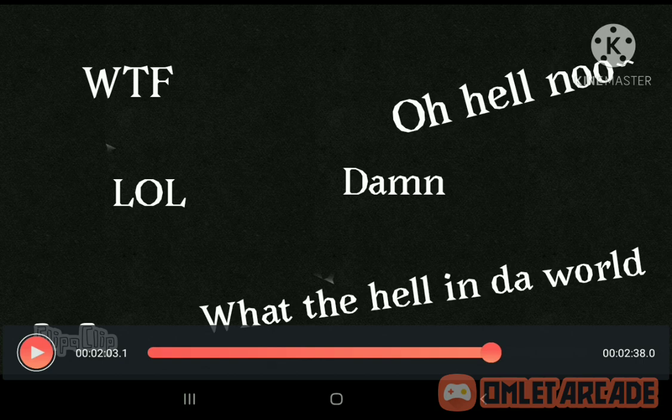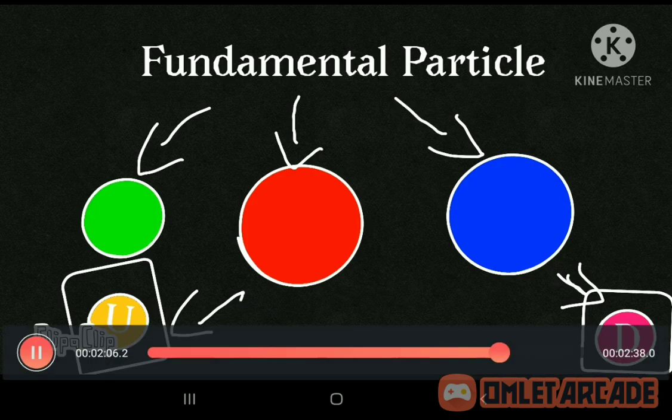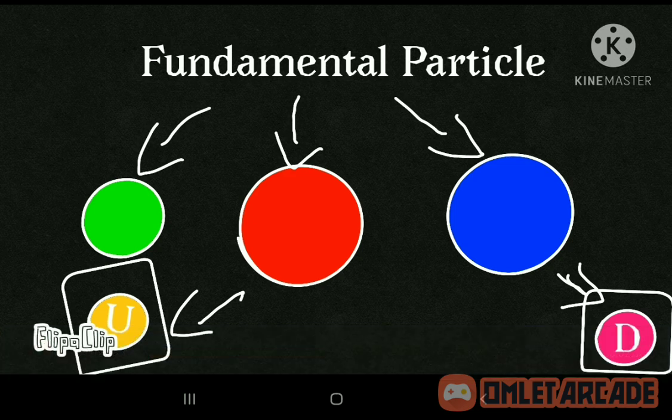I know your mind is blowing now, but just calm down. This won't be hard. Okay, so there is a fundamental particle. The electron is a fundamental particle itself, but proton and neutron have smaller objects inside them. They're called quarks.